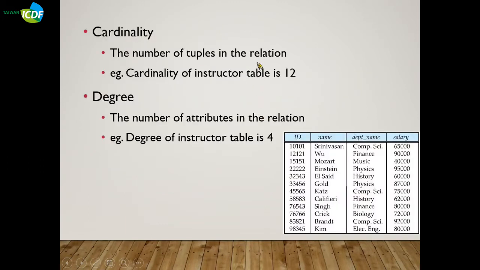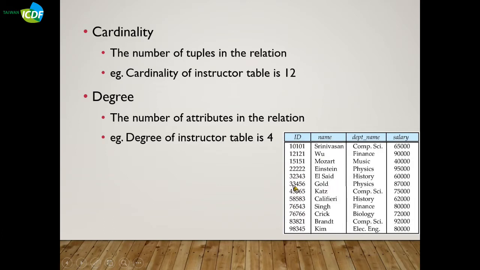In order to understand the size of a relation, we can use two terminologies, cardinality and degree, to measure the size of a relation. Cardinality means the number of tuples in the relation.